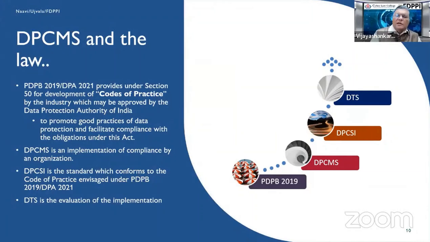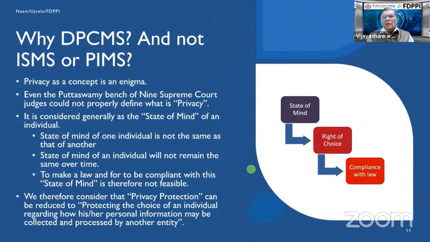So DPCMS looks at this code of practice and develops this frame of reference based on which the DTS is calculated. Now, the reason why we have tried to look at DPCMS, that is Data Protection Compliance Management System, versus a more raw status of, let us say, PIMS, which is the Personal Information Management System, or even broader ISMS.